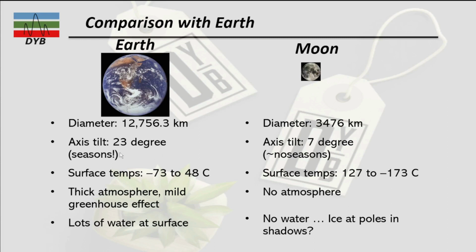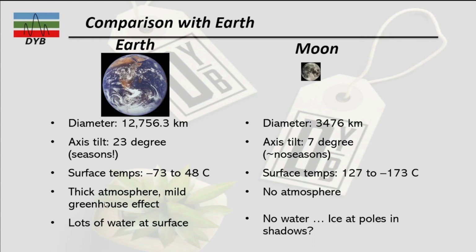And as you know, there is a tilt of the Earth, slightly tilted 23 degrees, but the Moon is tilted 7 degrees. The surface temperature of the Earth goes from minus 73 degrees Celsius up to 48, maybe 50 or 52 sometimes. But the surface temperature of the moon is 127 degrees Celsius to minus 173 degrees Celsius.